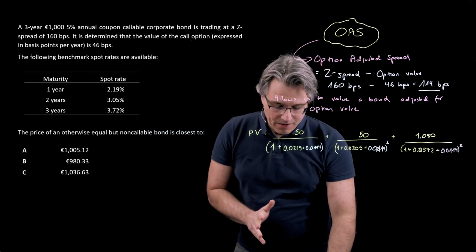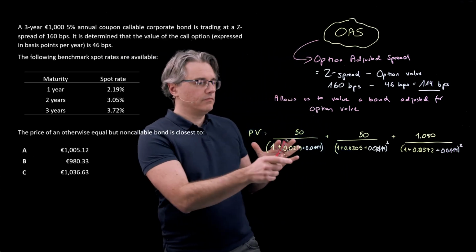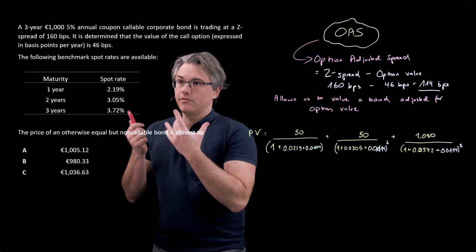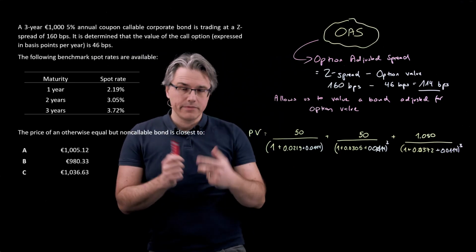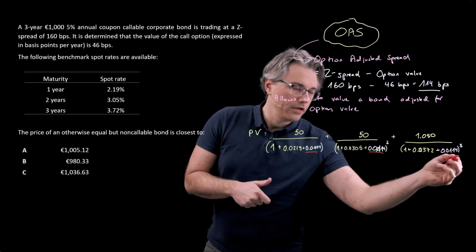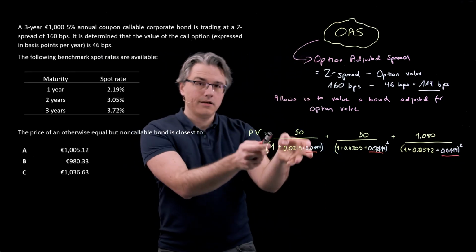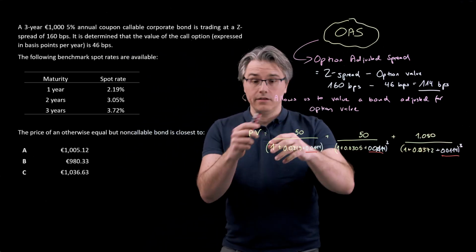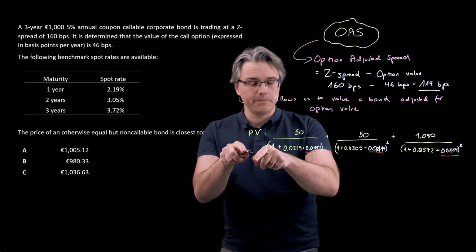Now let me once again emphasize, or recall, that in the previous video where we were supposed to value the callable bond, we used the Z spread, and that was a higher number, thus producing a higher denominator in each of the fractions, and therefore leading to a lower present value.